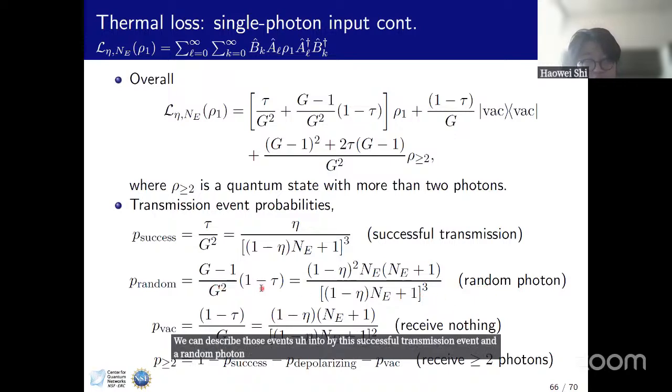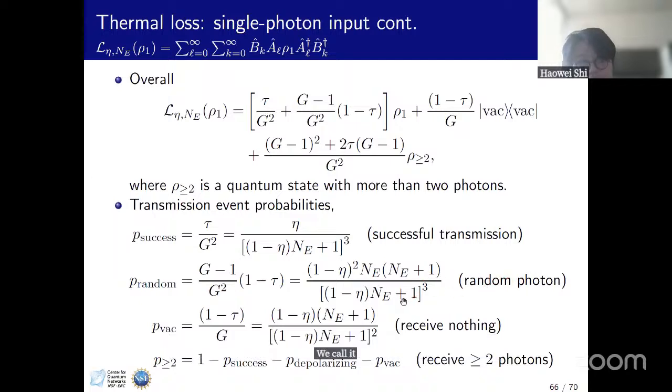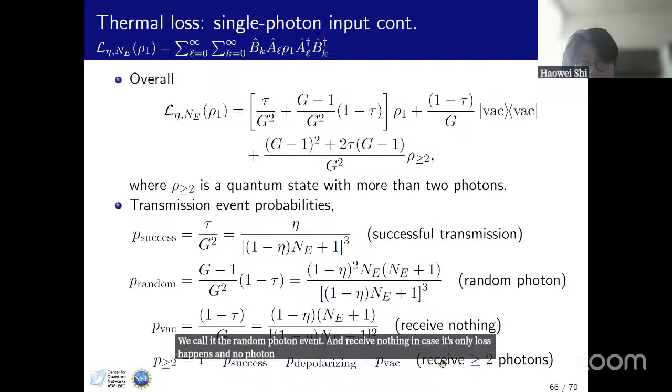Random photon is for the case where the input photon is lost while the amplifier adds a photon. We call it a random photon event. Receive nothing is the case where only loss happens and no photon is added. Receive larger or equal to 2 photons corresponds to all the other possibilities.